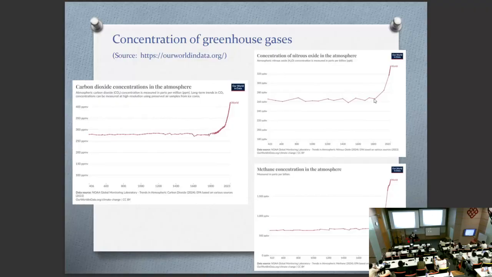There are others, like nitrous oxide, N2O, and methane, CH4. These are also greenhouse gases. And you can see after the Industrial Revolution, higher nitrous oxide concentration, higher methane concentration, and also higher carbon dioxide concentration.